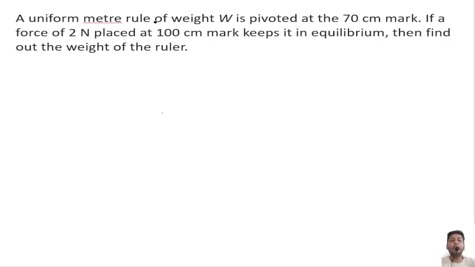A uniform meter rule of weight W is pivoted at the 70 centimeter mark. If a force of 2 Newton placed at the 100 centimeter mark keeps it in equilibrium, then find out the weight of the ruler. As I said, the first thing we will do is make a rough figure. So here is my rough figure.